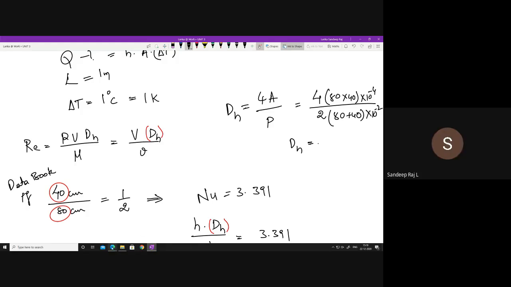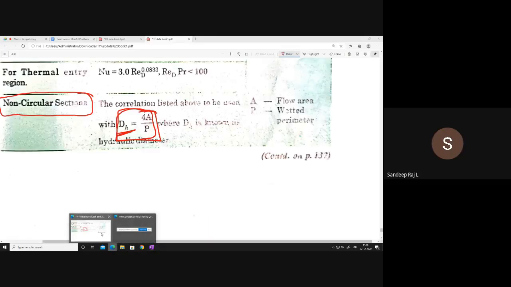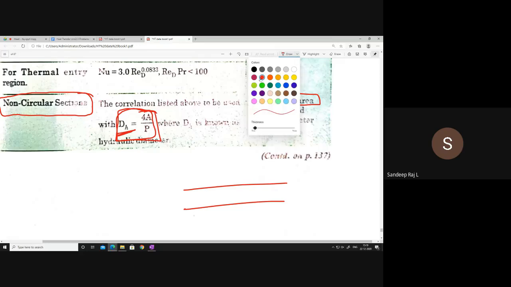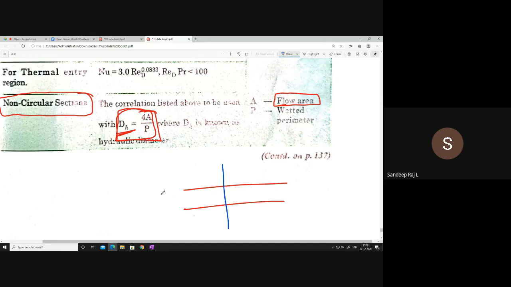Yeah, I'll answer that. See, area means flow area you have to take. Flow area means what? If the tube is like this and the fluid is flowing against this, so the flow area will be this much.